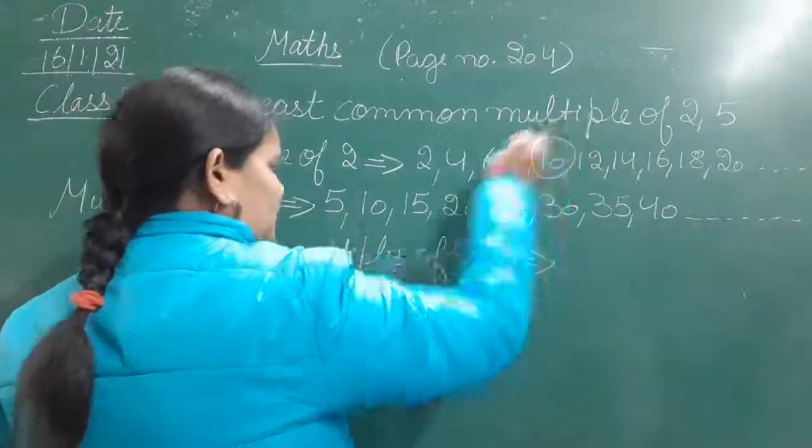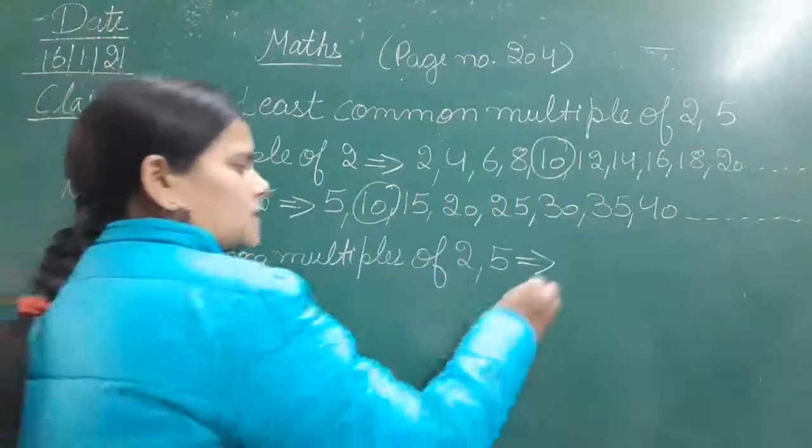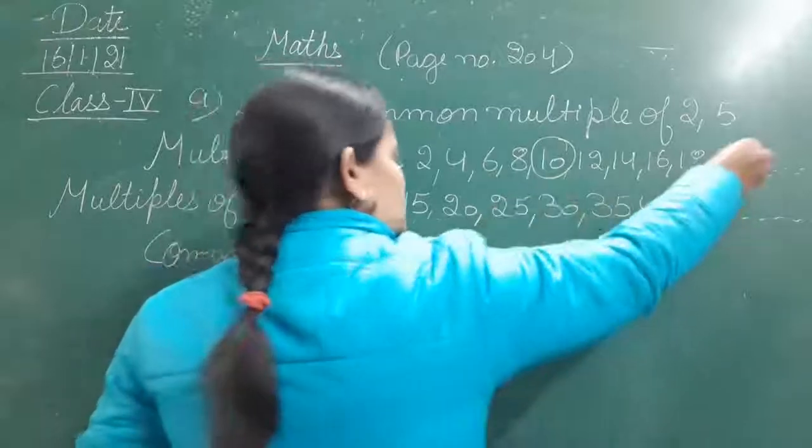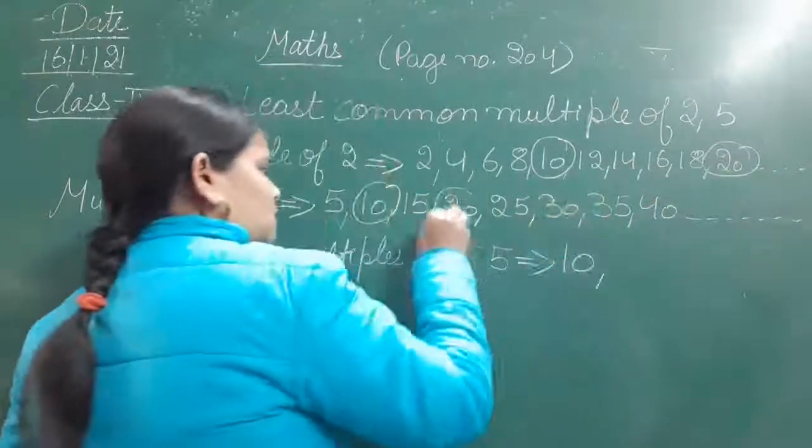Here it is 10 and this is the 10. Next, any other? No, this is 20 and here it is also 20.